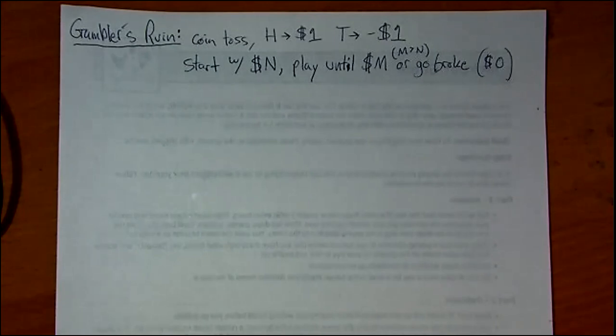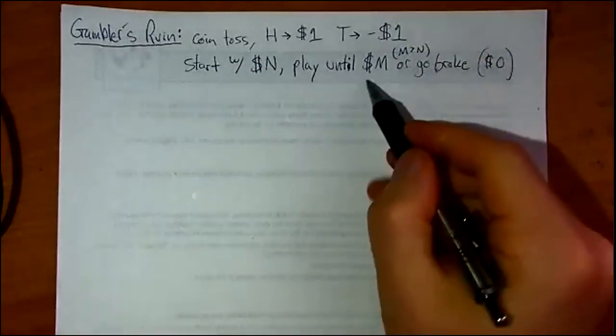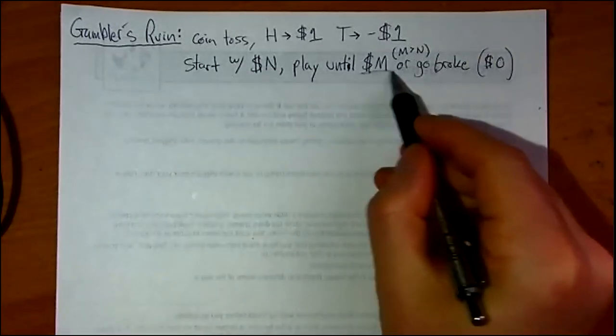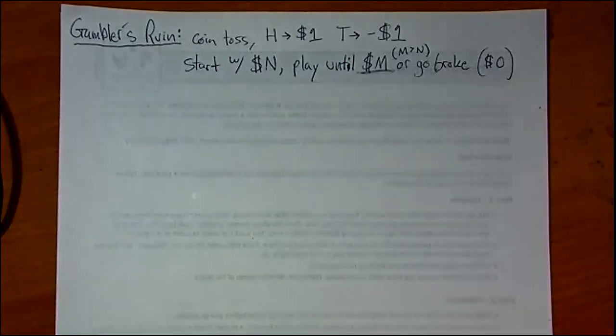If M is greater than N, it's more likely you'll get to negative N than get to M. Well, that depends on what M is, I think, right? Which we're going to see when we solve this little equation here. So really what I'd like to do here is know the probability of winning, and in this case winning means getting to M dollars and quitting.